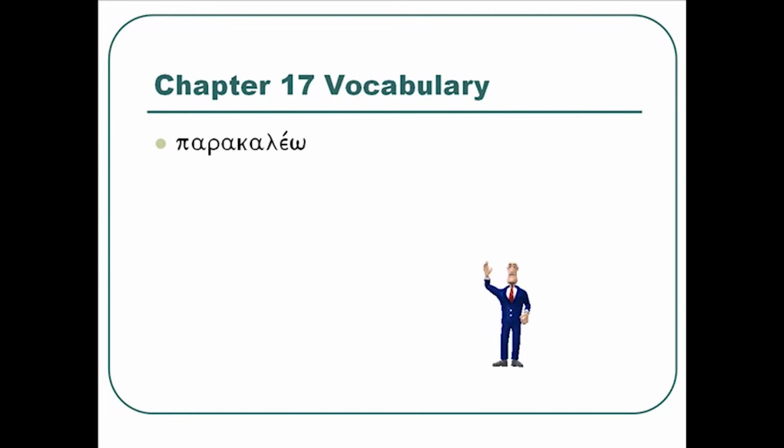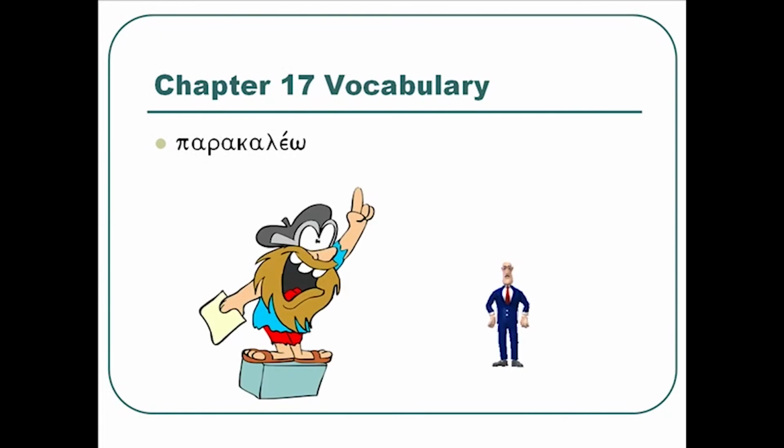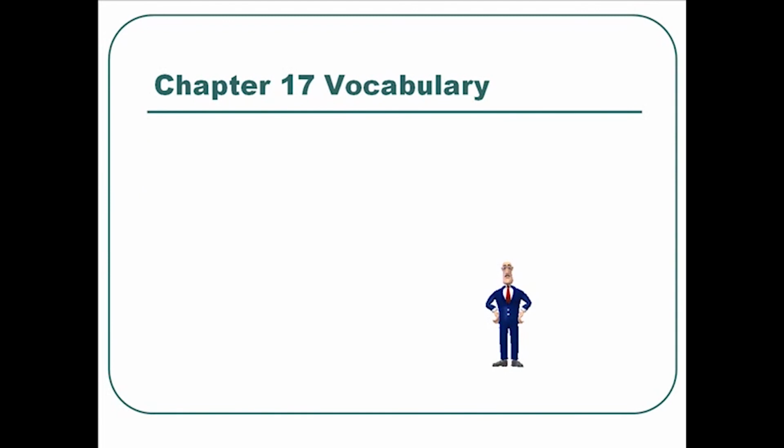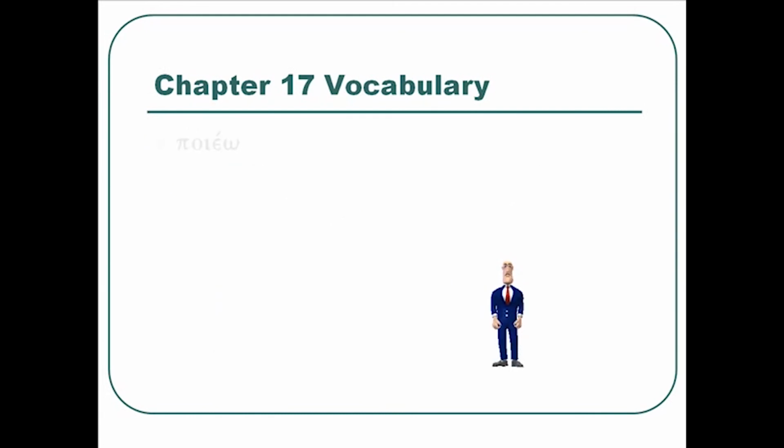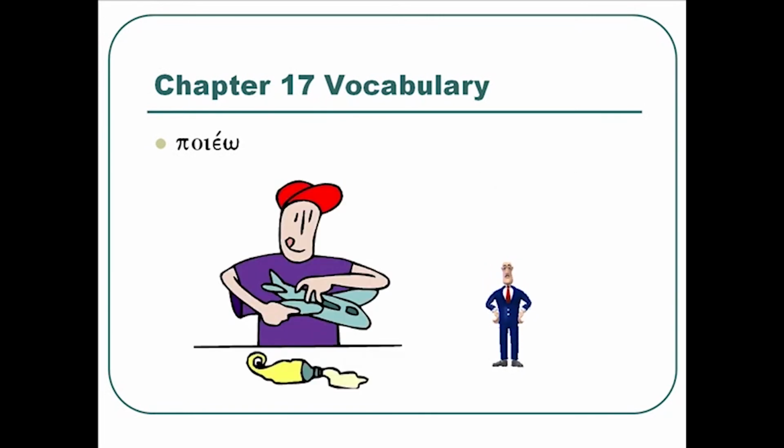The eighth word is parakaleo, which means I urge or exhort. The ninth word is pleroo, and it means I fill or complete. And the 10th word is poieo, which means I do or make.